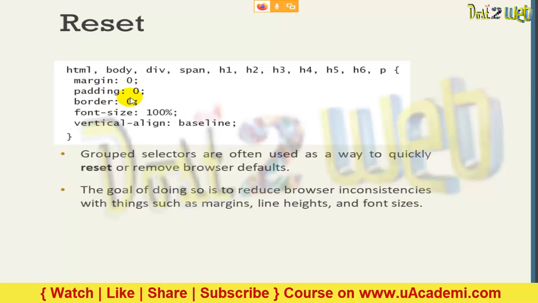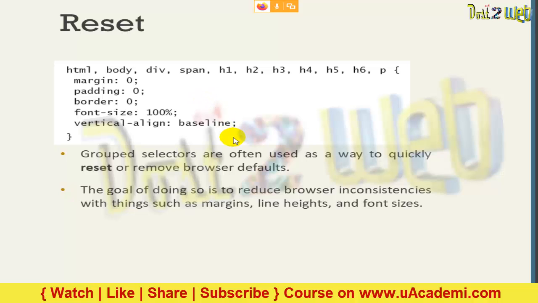The goal of doing this, that means resetting, is to reduce your browser inconsistencies with things such as margin, line height, which you have used, and the font size. Okay, you can use this and it will reduce your browser inconsistency, because browsers by default support default font size, default font properties.